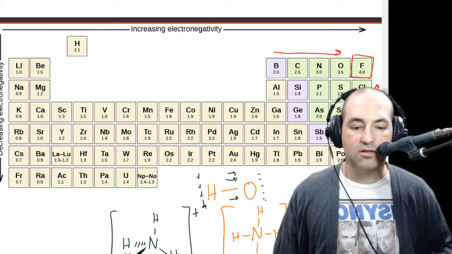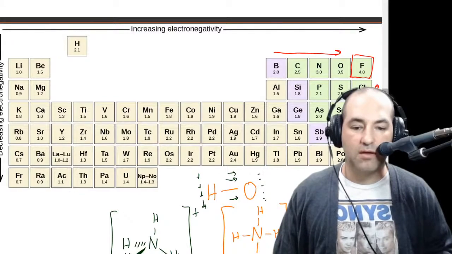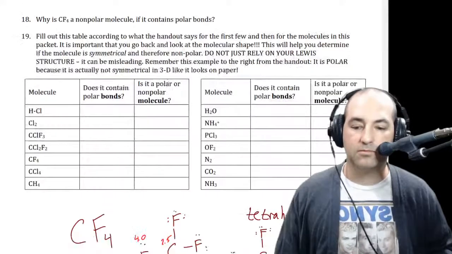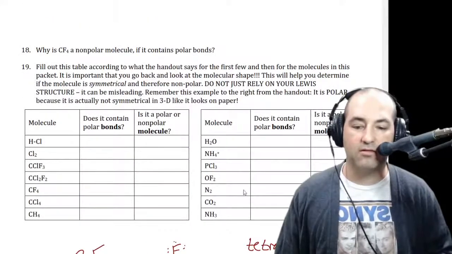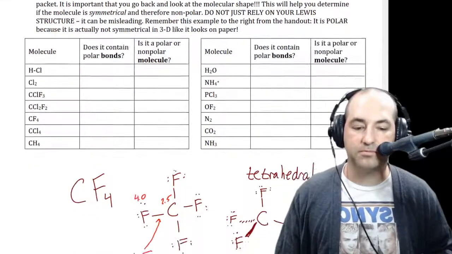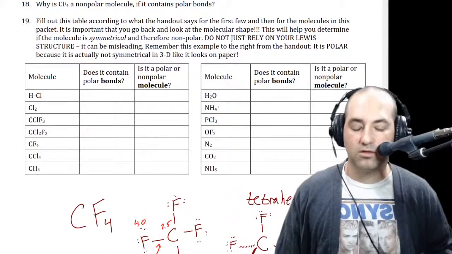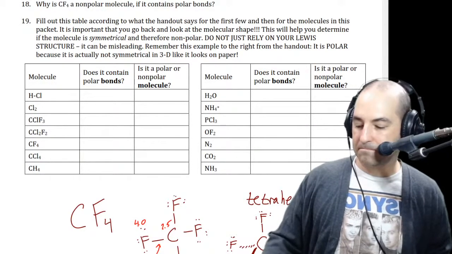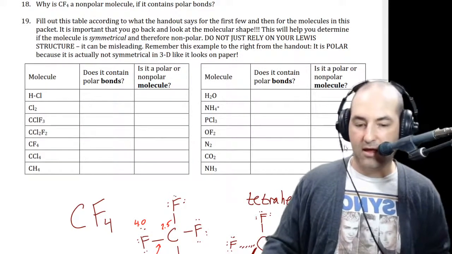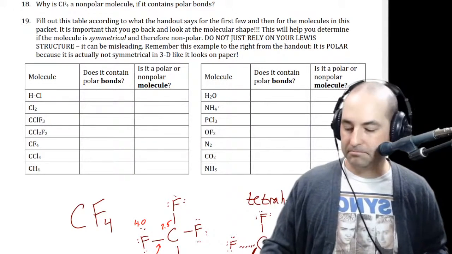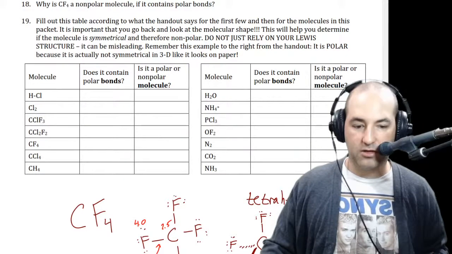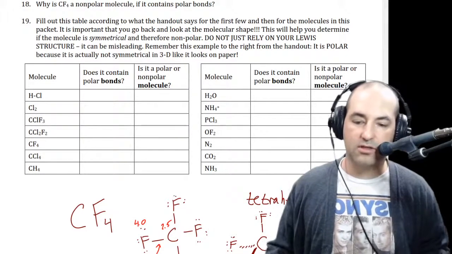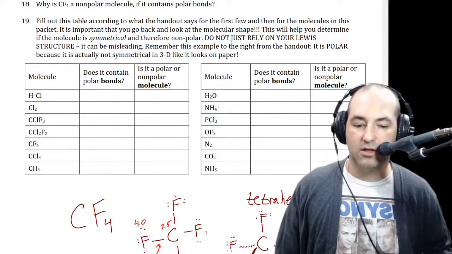All right, so let's answer these questions about shape and then how that comes into this also. I have a question on Discord about valence bond theory and about molecular shape, and that kind of goes into this chart on the last page also.